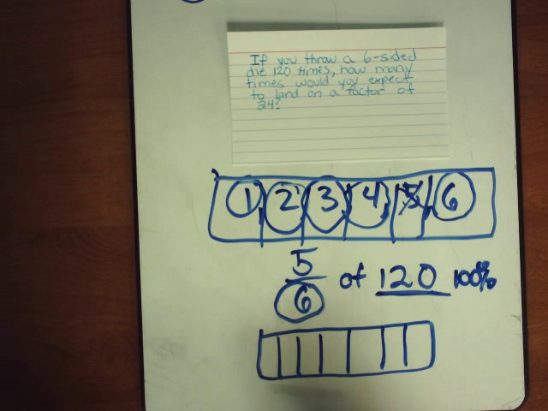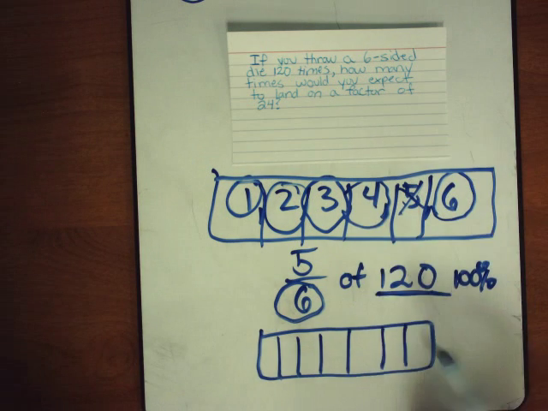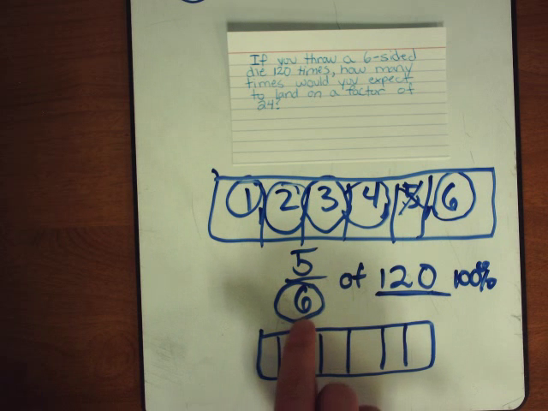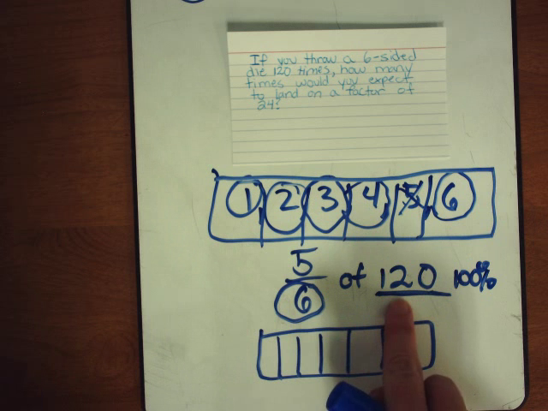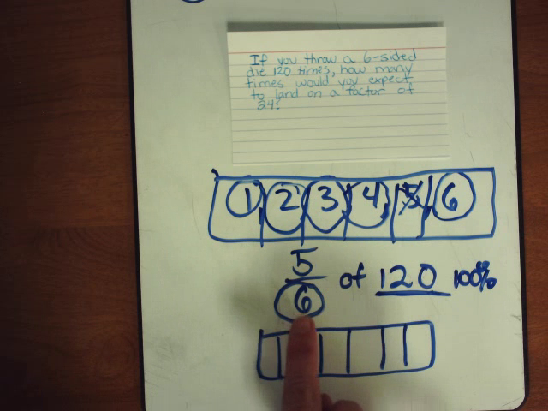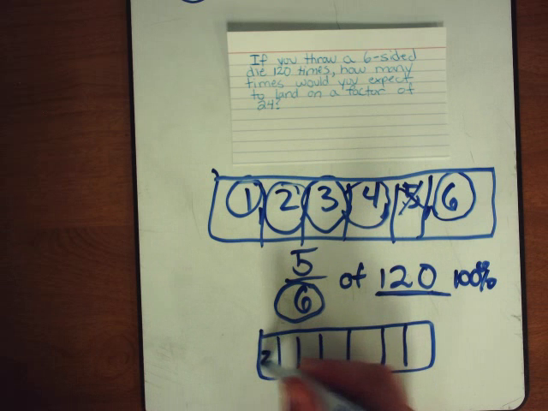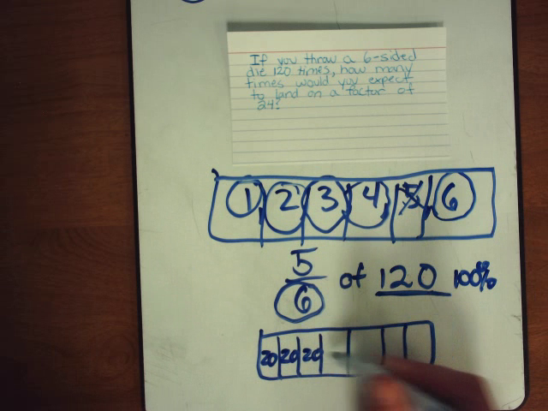Good. So 120, let's use our extended facts. 120 divided by 6, I know 6 times 2 gets me 12. So how many times does 6 go into 120? That's right, 20 times. So that means each sixth is 20.